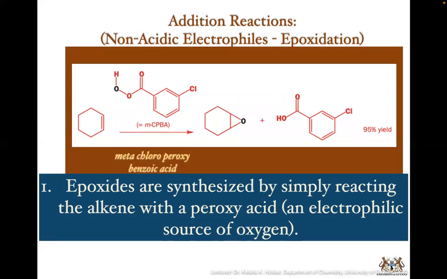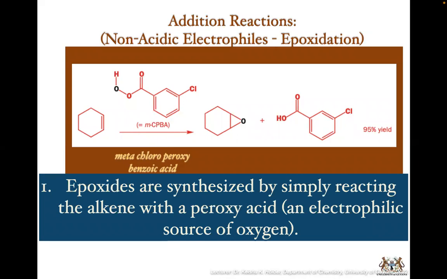So on to our second set of addition reactions that are non-acidic. I introduce you now to this group called epoxidation. This is a set of reactions that would allow us to access a class of molecules known as epoxides.